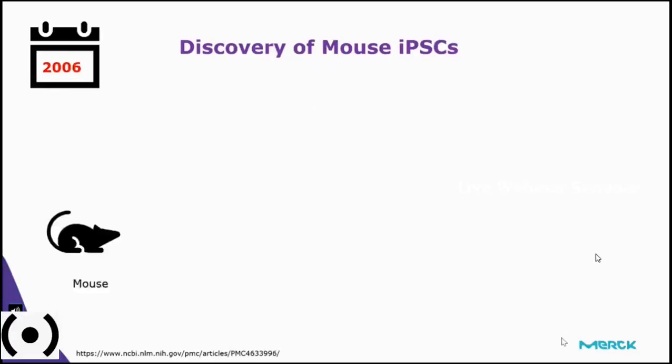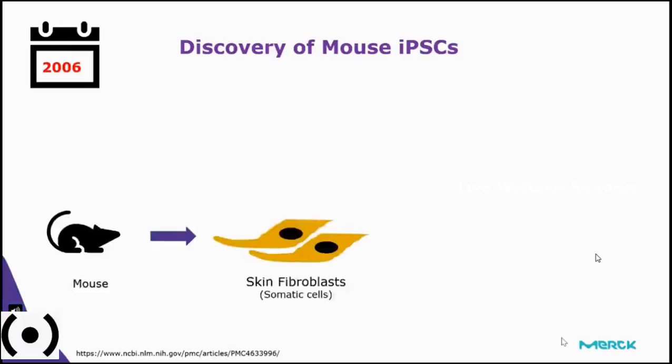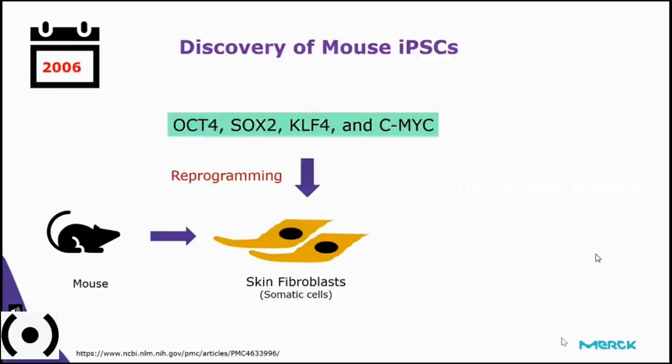What he did was take the skin of a mouse and grow the skin fibroblast cells, which are somatic cells, then deliver these 4 factors into these cells, and this process is known as reprogramming. So from now onwards, whenever I use the term reprogramming, it means the delivery of these 4 factors into the cells.